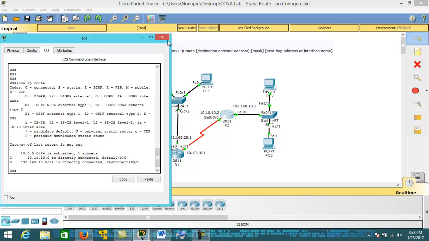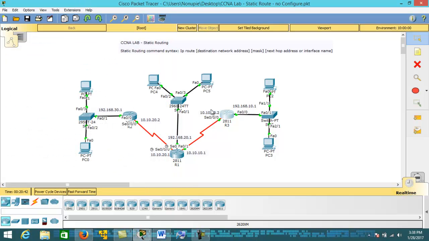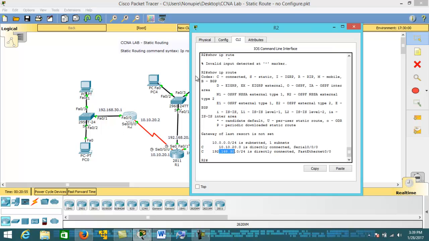So I am going to configure the static routing. How to configure it? The command is really simple. The command is ip route, destination network address, subnet mask, next hop address or exit interface. So I'm quickly going to click on router R2 and CLI.